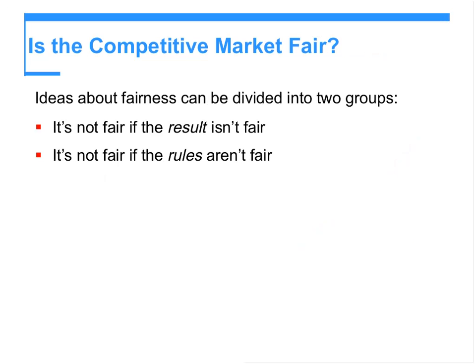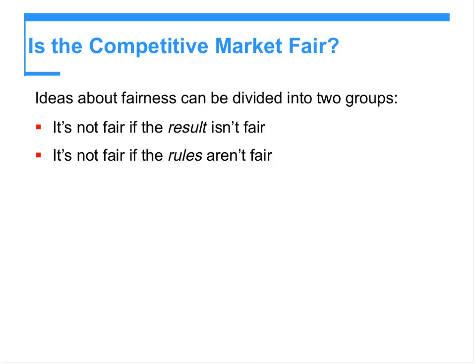So, ideas about fairness can be divided into two groups. The first is: it is not fair if the result isn't fair. And the second one: it's not fair if the rules are unfair. So most commonly, people have these two different opinions and ideas about why a competitive market is not fair.